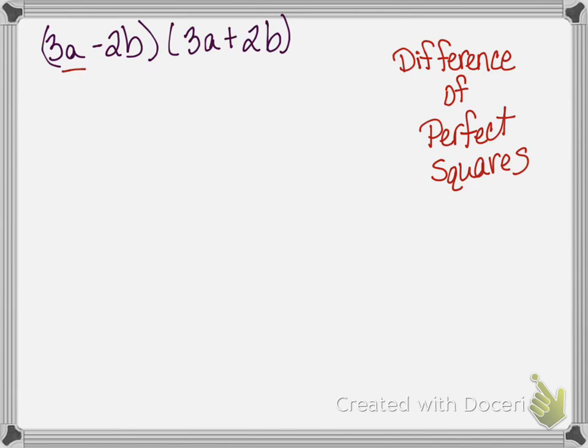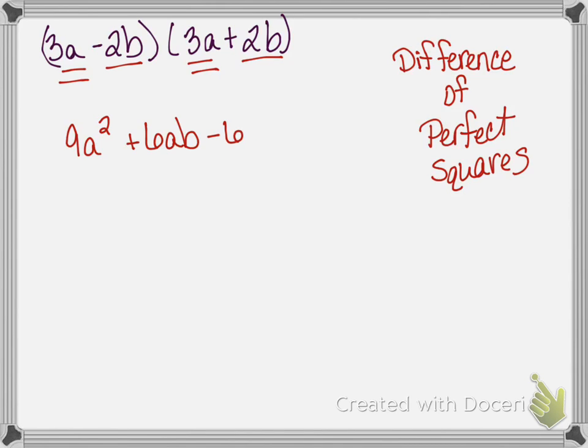So I have 3a times 3a. That is 9a squared. I have 3a times 2b. That is positive 6ab. Now my next one, I have negative 2b times positive 3a.